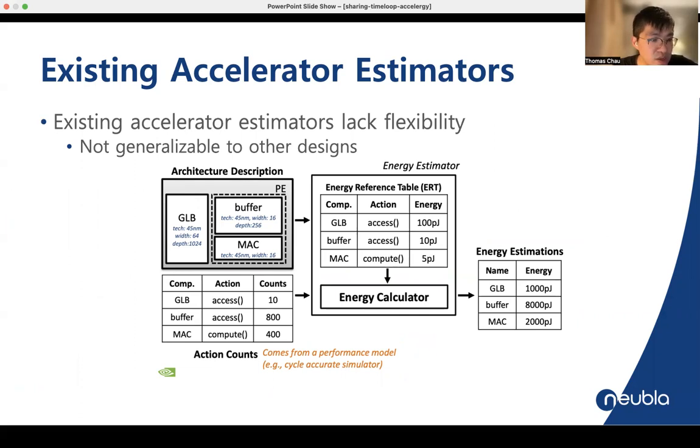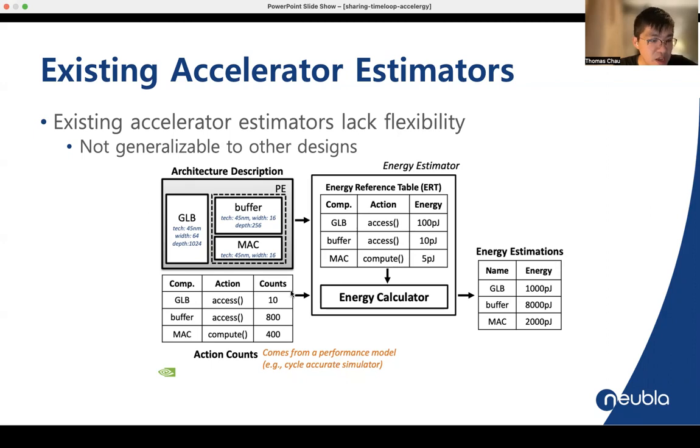The energy estimator internally stores an energy reference table corresponding to a specific architecture. Action counts describe the runtime behavior of each component, and the numbers usually come from a performance model such as a cycle-accurate simulator. Then energy estimation is generated based on the ERT and action counts.